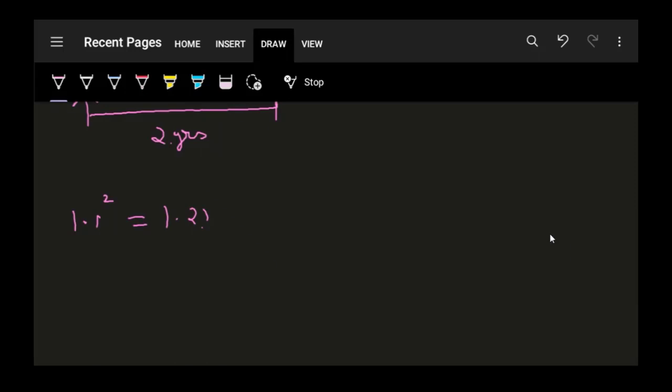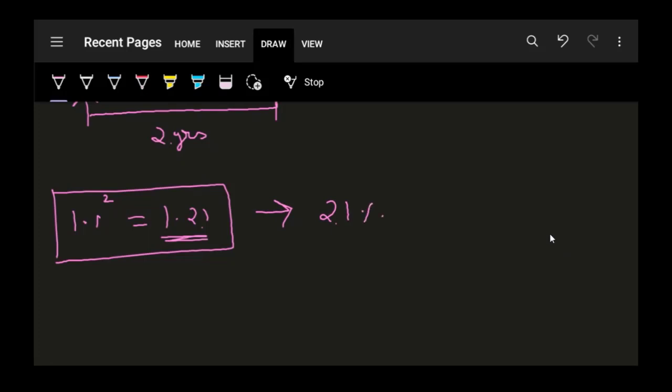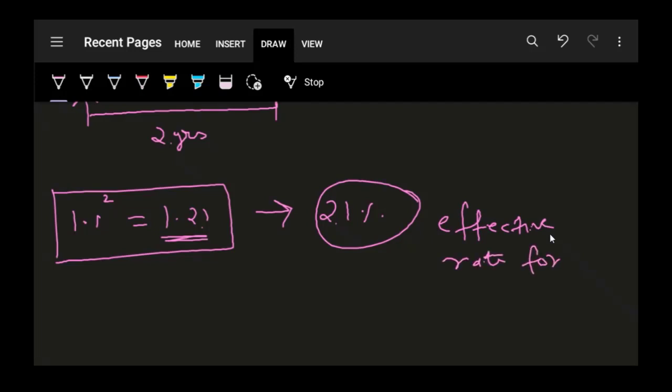So if I invest 1 at the starting point, I'll get 1.21 at the end of 2 years. And there is only one payment, that is 1.21 directly at the end. So effectively, I am earning an interest rate of 21% on the initial principal amount. So this will be my effective rate for 2 years.